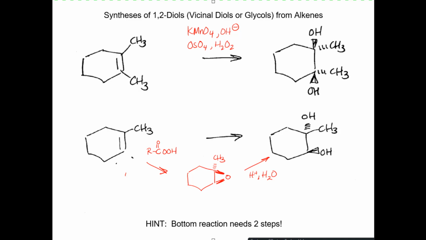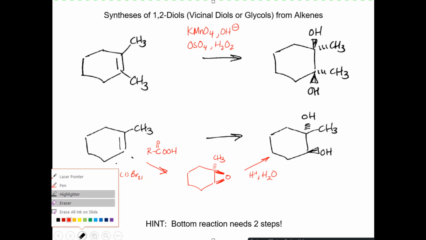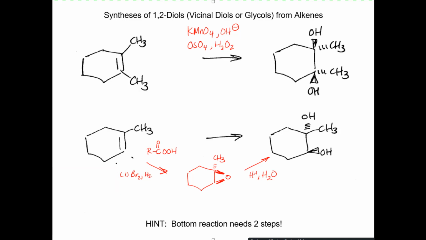I could also react the double bond with bromine and water, followed by hydroxide. So I need to make an epoxide and then use hydrolysis, acid hydrolysis, in order to make the trans dialcohol.